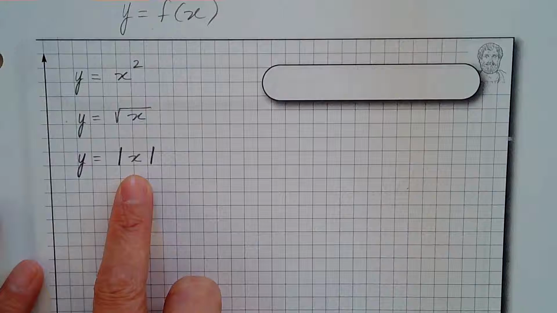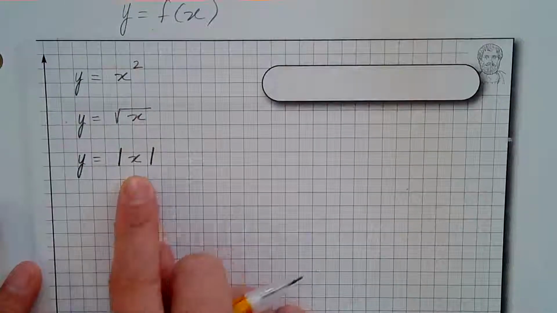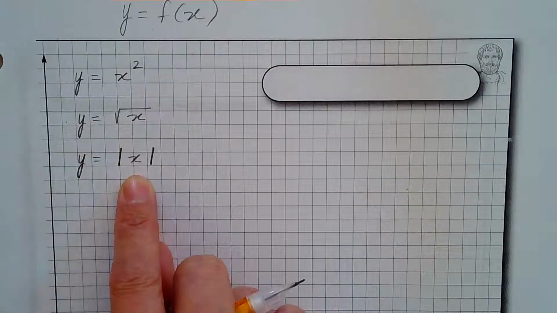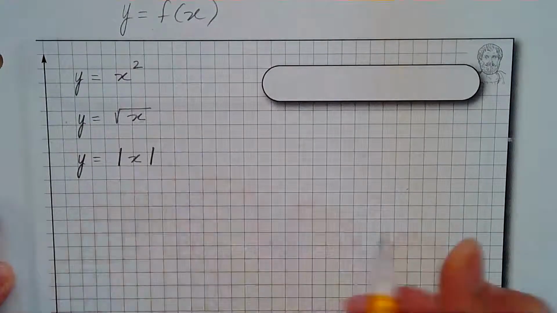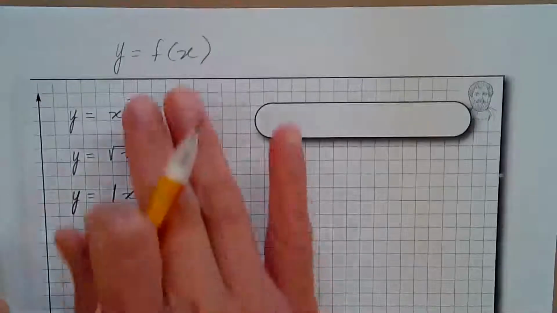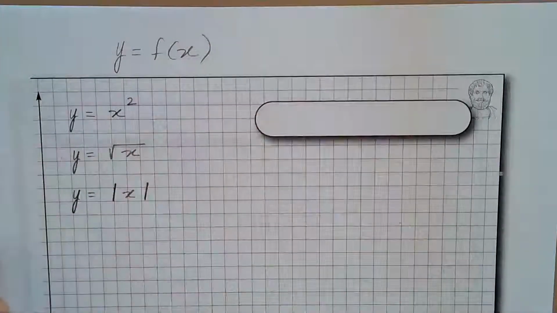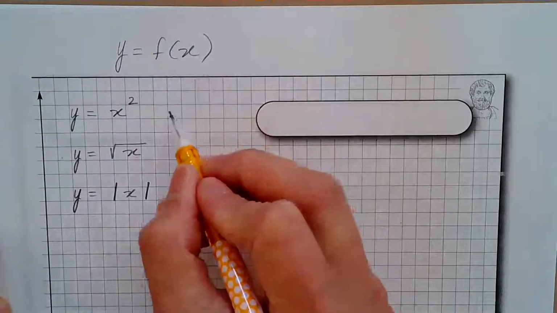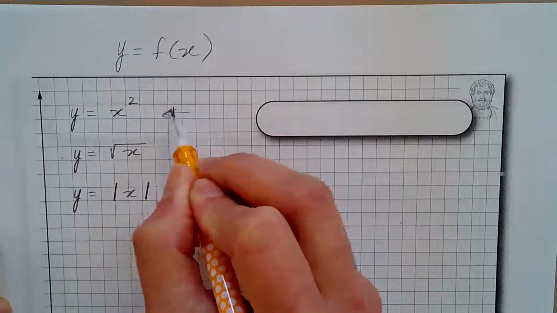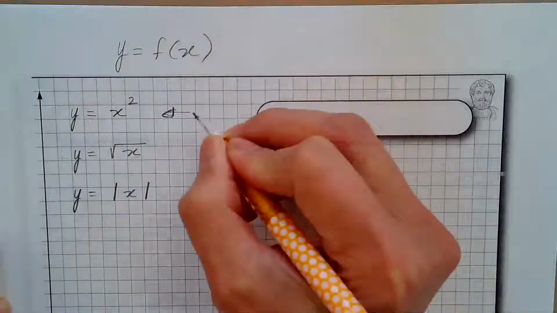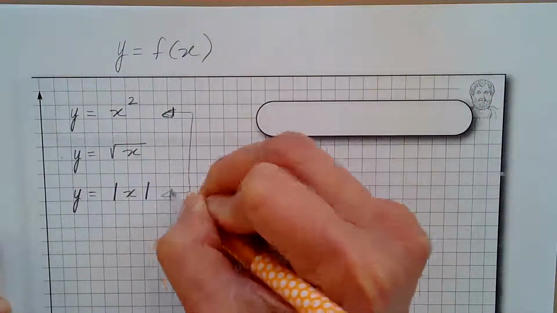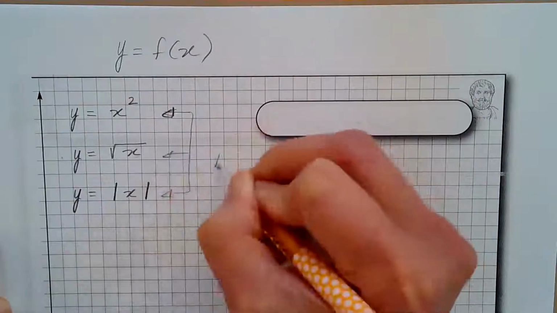So our f of x is the absolute value of x. But there are other functions too. I'm just going to focus on some of these. These are what we call parent graphs.